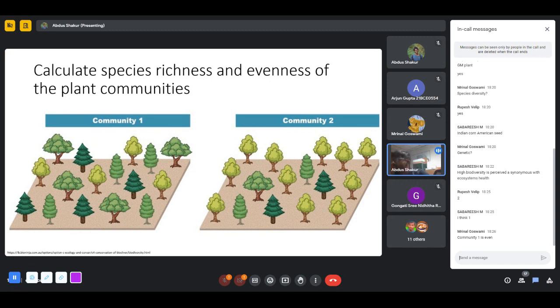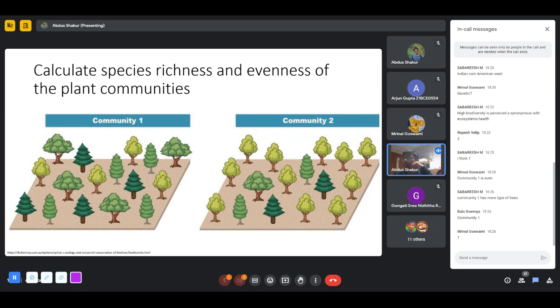Okay, we can come to evenness later, but we are currently at species richness. Which community has higher species richness? Community one, community one.